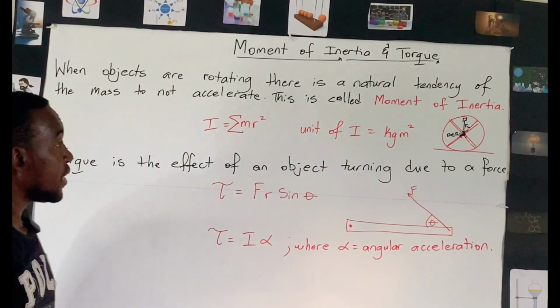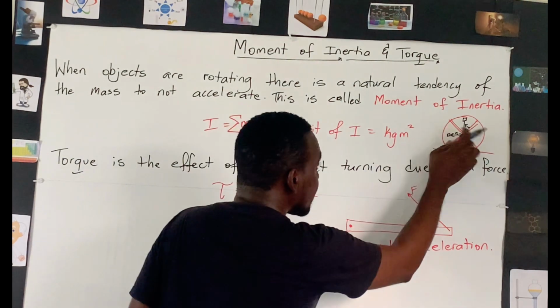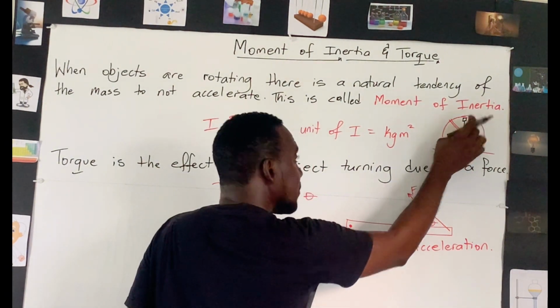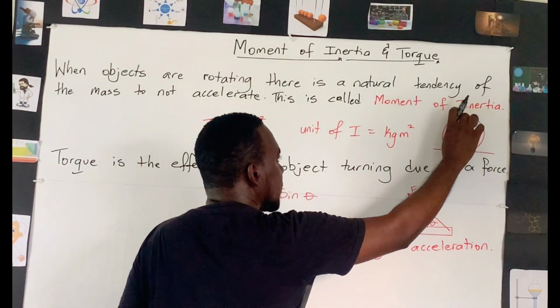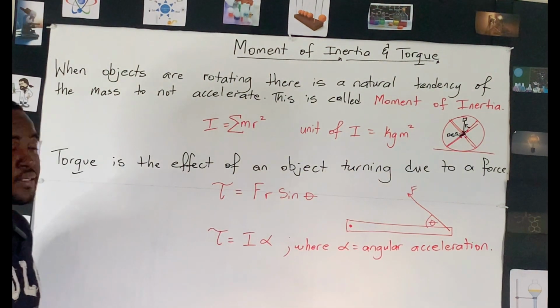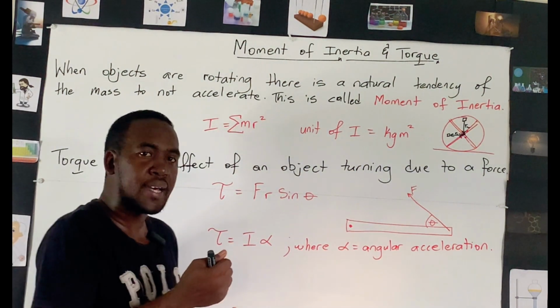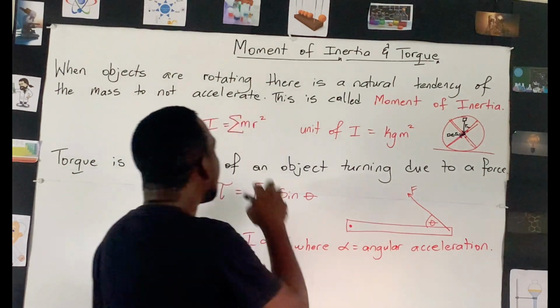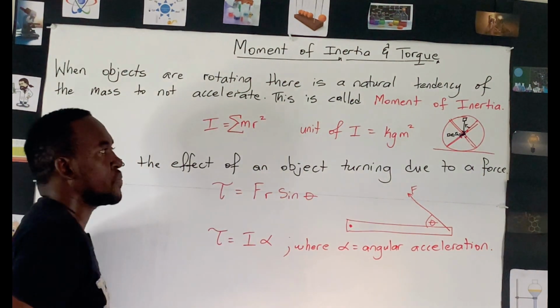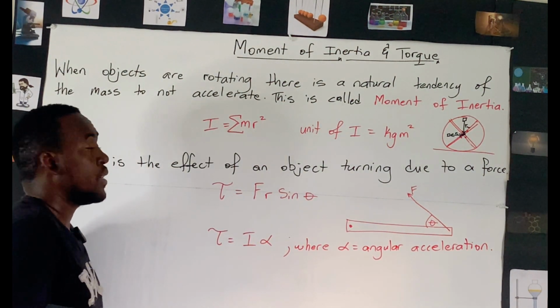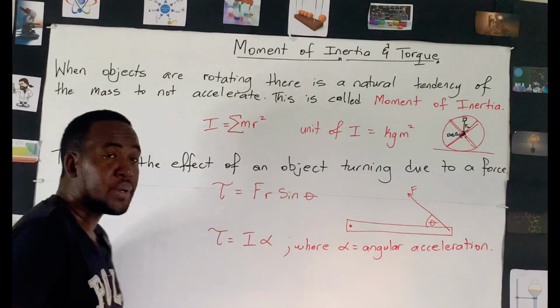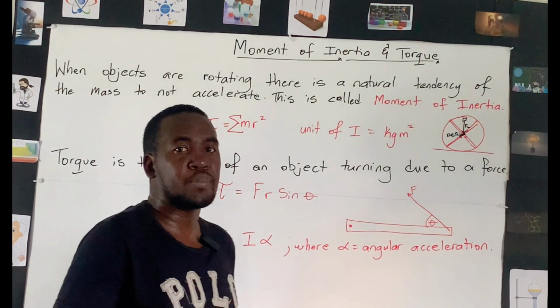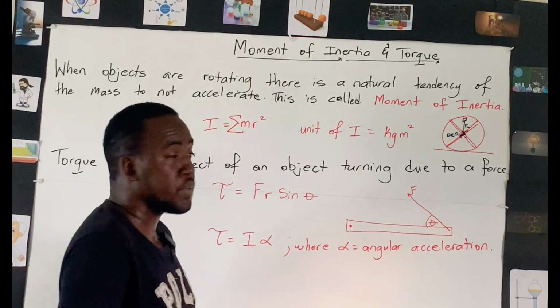So therefore, if we use this mass times its r squared plus this mass times its r squared, for all the different masses in the object rotating about this axis, if we find their products of mass and r squared, then what we're finding is the overall moment of inertia of that specific rotating object.